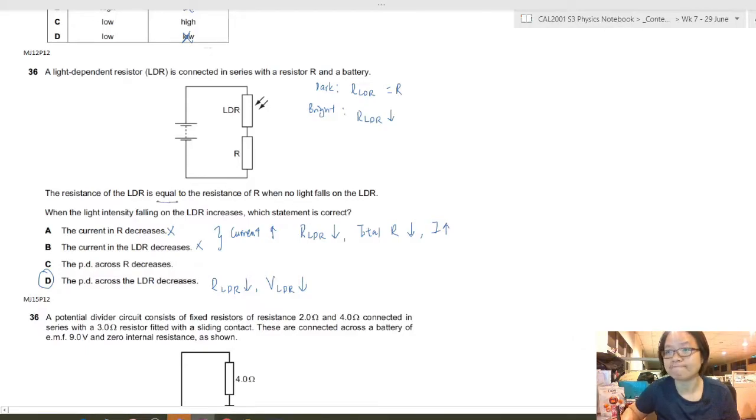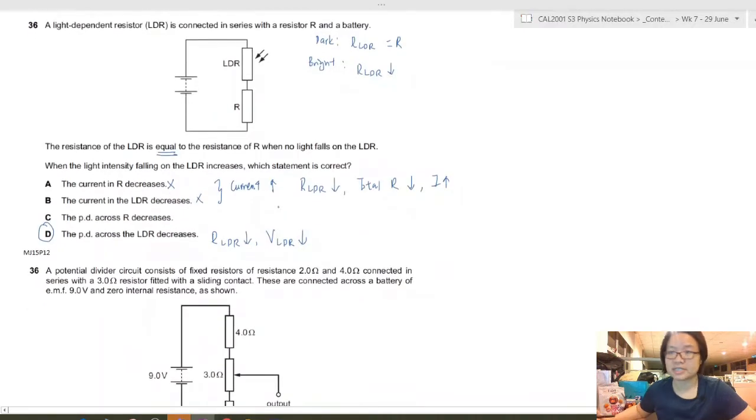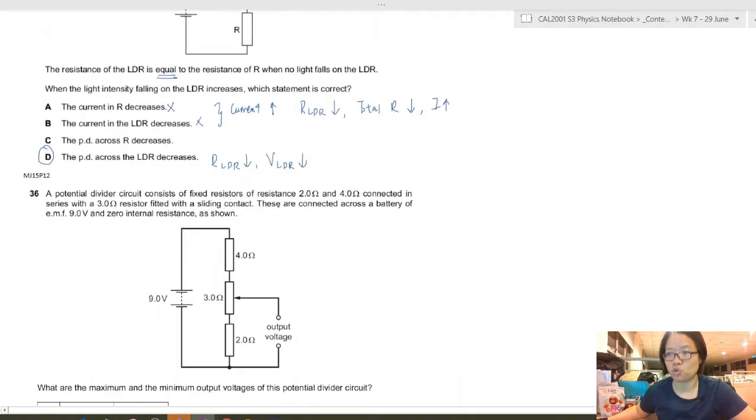Because equal. Now when light is shone on me, I am the LDR, my resistance begins to drop. So now instead of 1:1, maybe it's 1:2. So the external resistor will have a higher share, because my resistance has dropped, even though its resistance did not change. Okay, it's a matter of ratios.